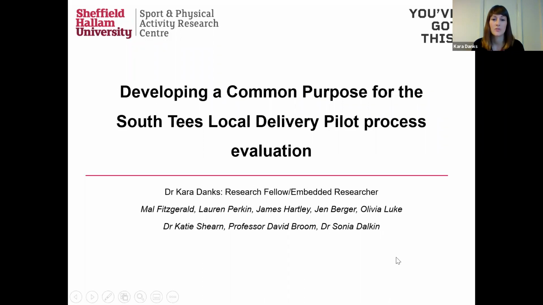Lauren Perkin, James Hartley, Jen Berger and Olivia Luke, all integrated and fundamental to the evaluation, of course. And then the wider evaluation team, which is Katie Shearn, who you've met today, Professor David Broom, who's now at Coventry University, and Dr. Sonia Dolkin, who's at Northumbria University.